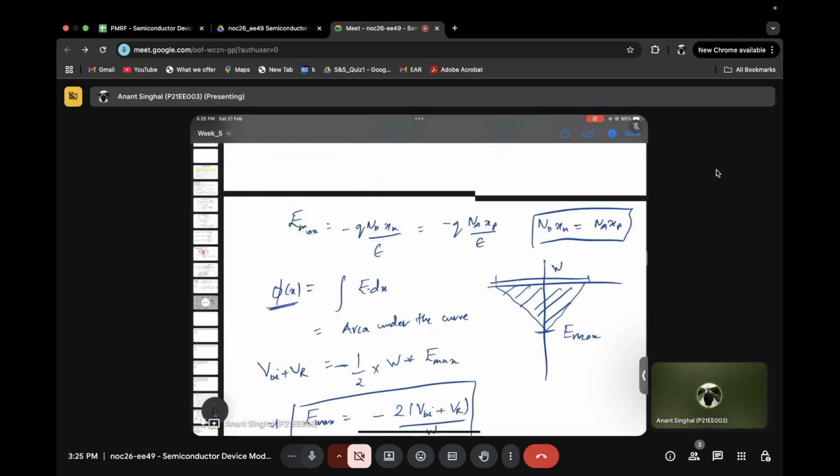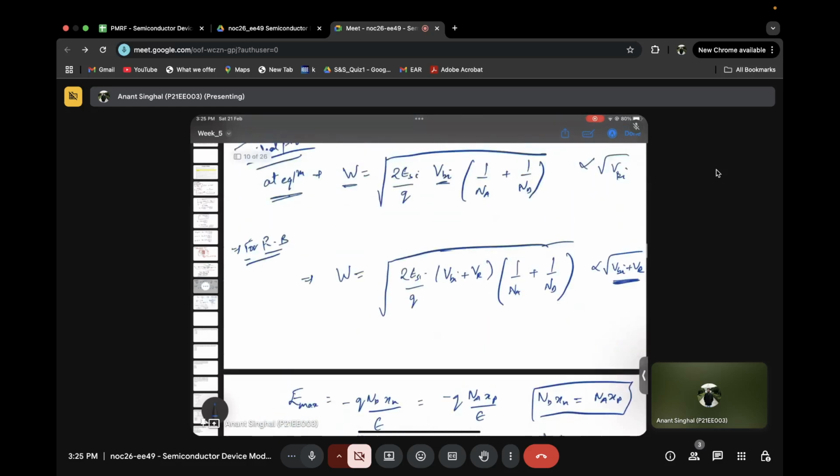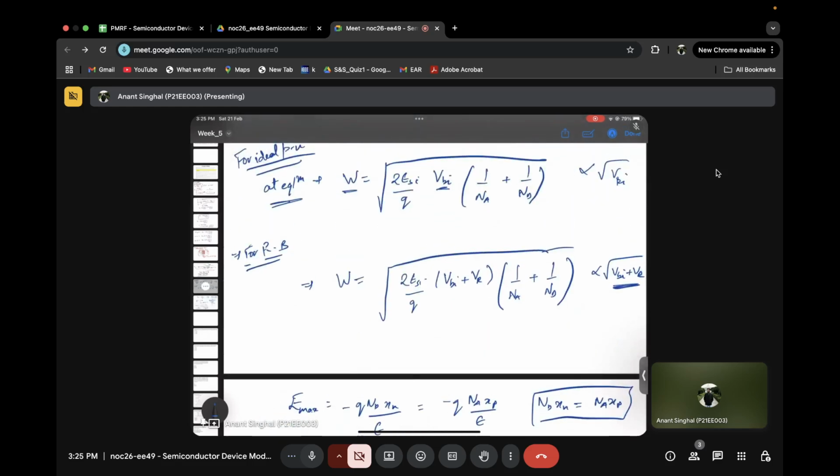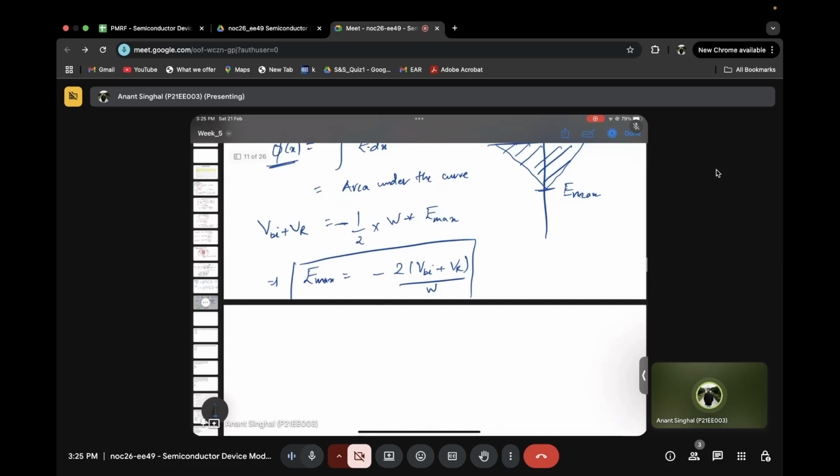Is this thing clear? Okay. So now since we also have a depletion region, there are two more things that come into the picture. The first major thing is the junction capacitance.